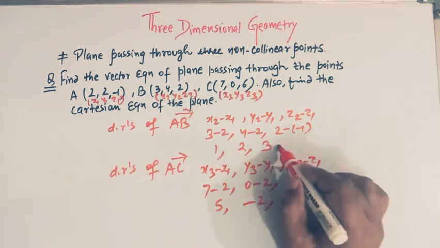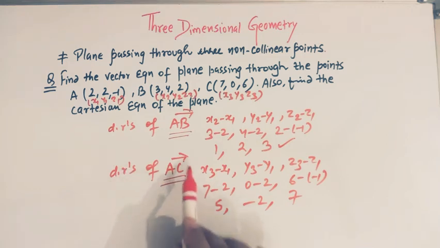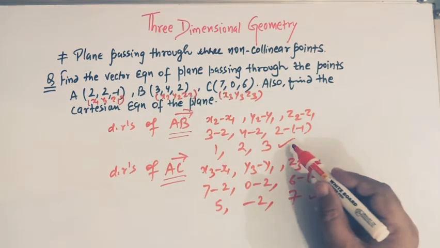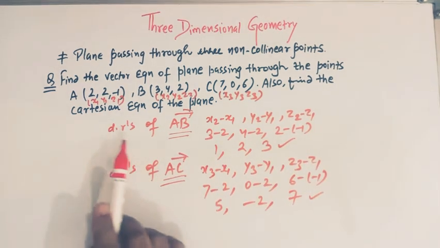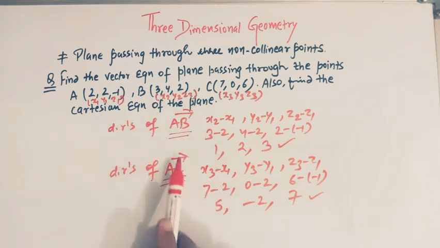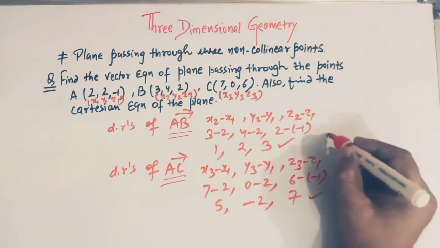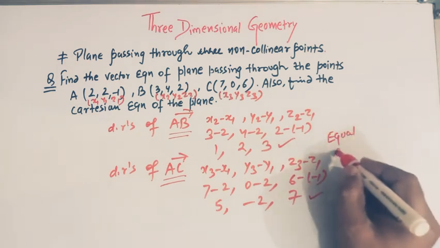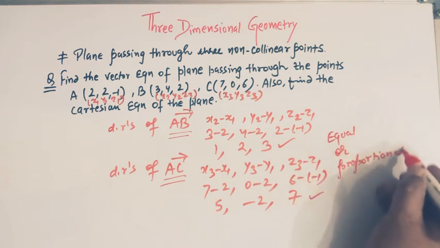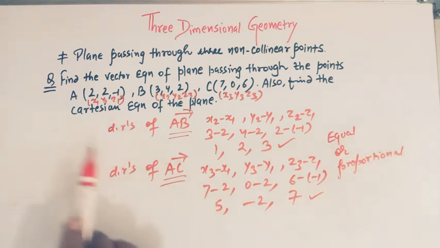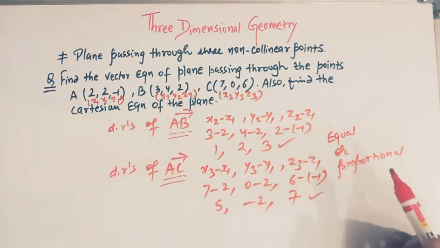Now we see that the direction ratios of vector AB and vector AC are neither equal nor proportional, right? So therefore these two vectors are not parallel or collinear, right?